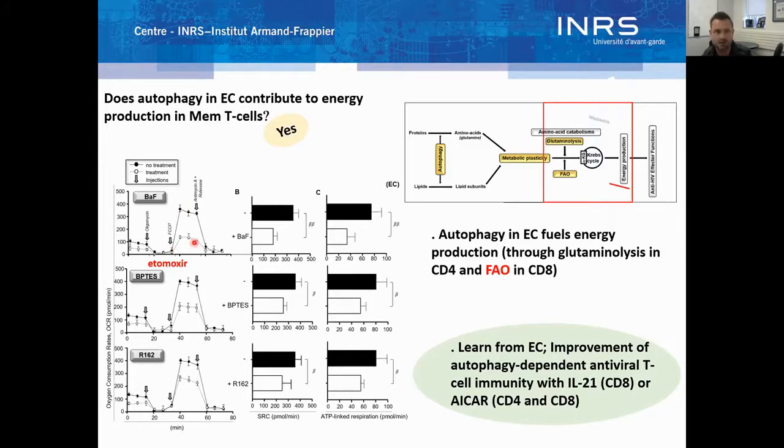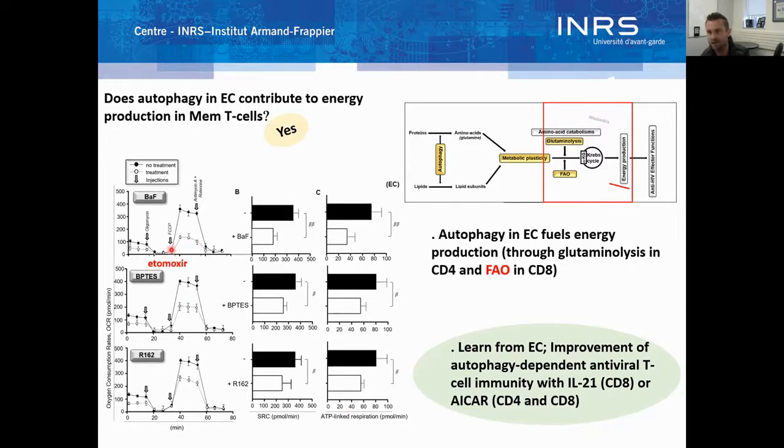You have the bafilomycin to block the autophagy, and you have BPTES and R162 to block the glutaminolysis, which is the conversion and the use of glutamine. And as you can see here, all the energy production involves both autophagy and glutaminolysis, in both SRC and ATP-linked respiration measurements. I put in red also the information.